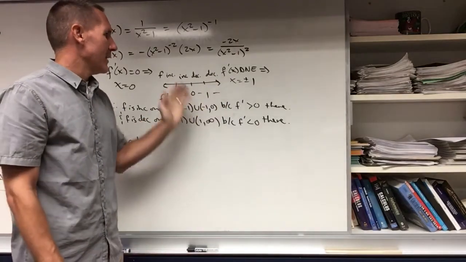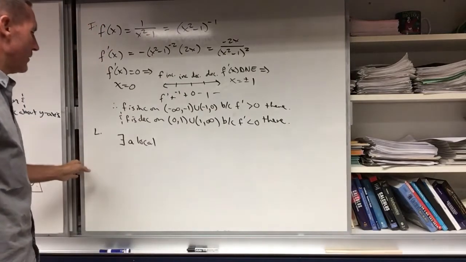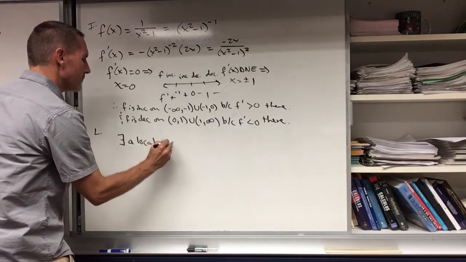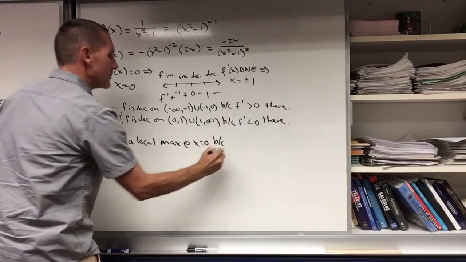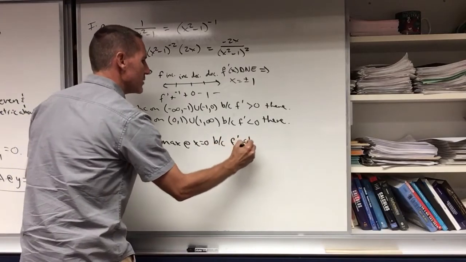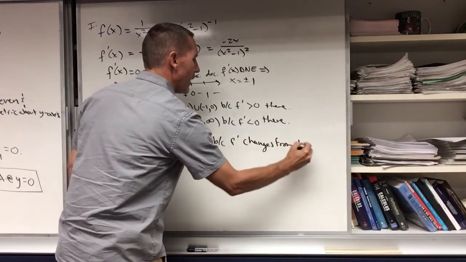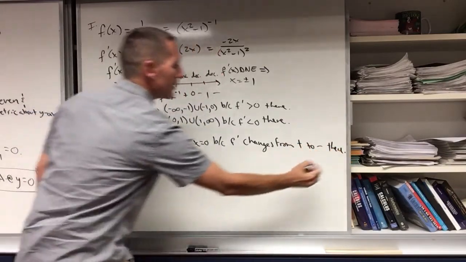At x equals 1, again, going from decreasing to decreasing, there's not going to be a local max or min there either. So there exists a local max at x equals 0 because f prime changes from positive to negative there, comma.